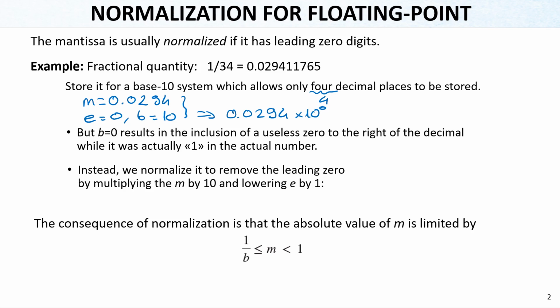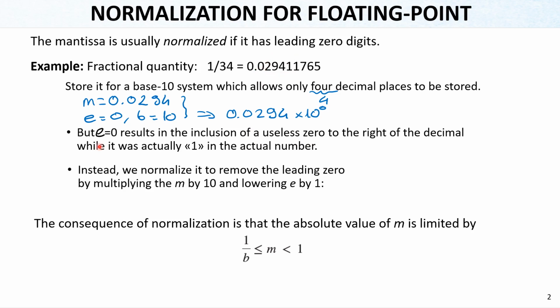But the problem here is that this is e actually. Let me do this way. This will be e. Because e is 0, this is a problem for the computer, because we have a useless 0 and we skip one number here. We can maximize our representation by simply, if we can remove this 0, we can maximize the representation of the numbers.